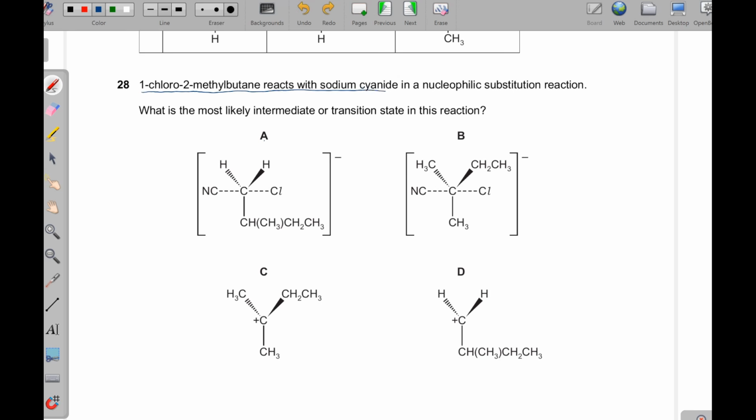1-chloro-2-methylbutane reacts with sodium cyanide in a nucleophilic substitution reaction. Now, nucleophilic substitution reaction, we have 2. We have SN1 and then also SN what? SN2. Now, for SN1, we have 1 species which is involved in the rate determining step, and that is for tertiary halogenoalkanes.